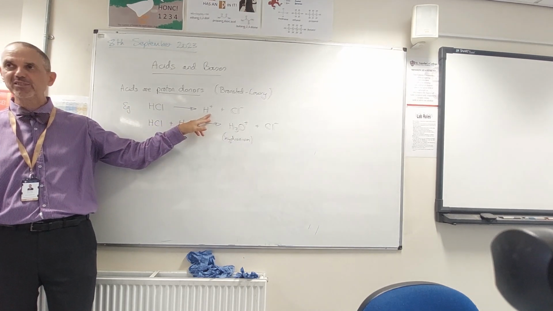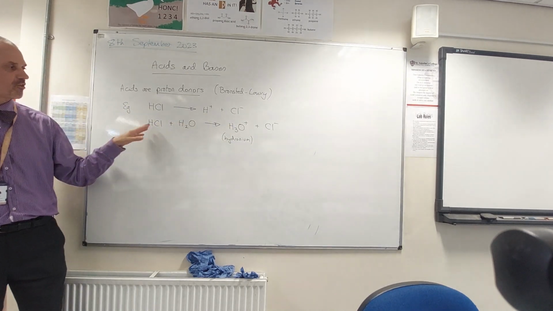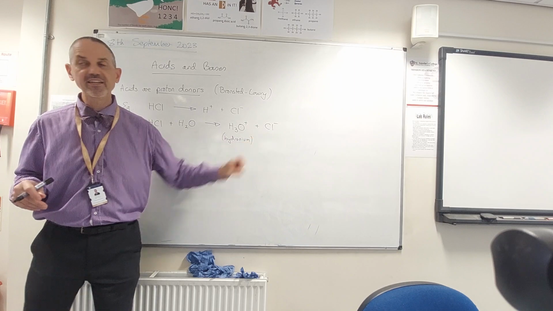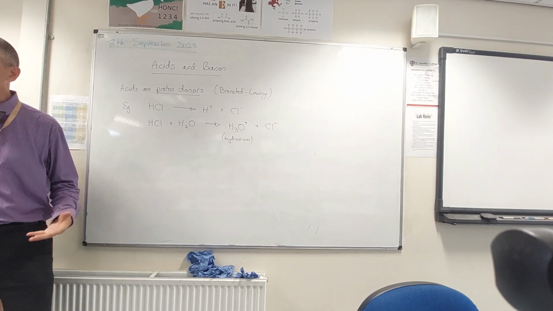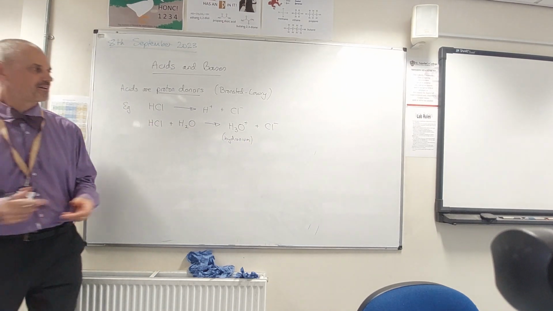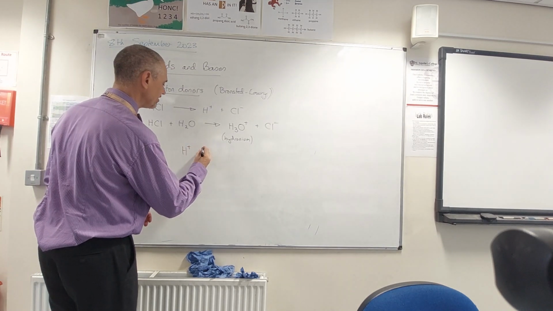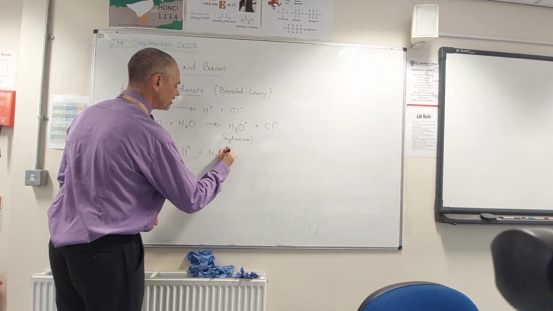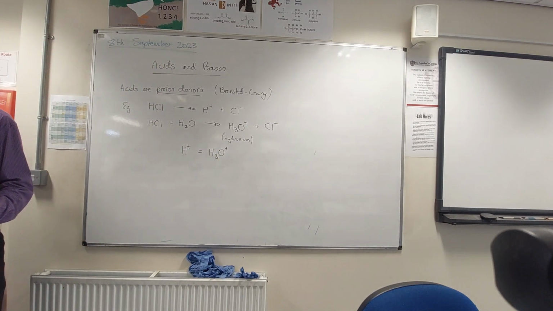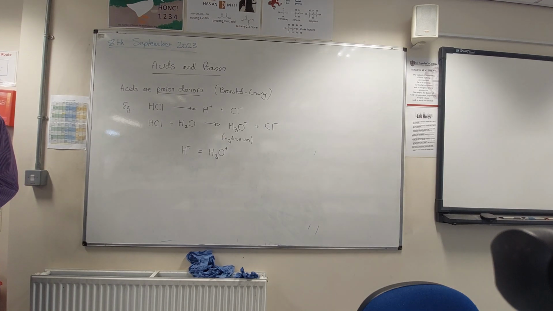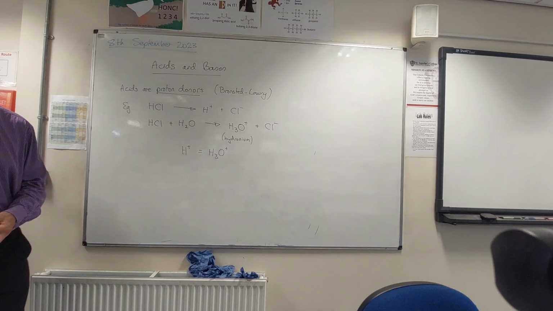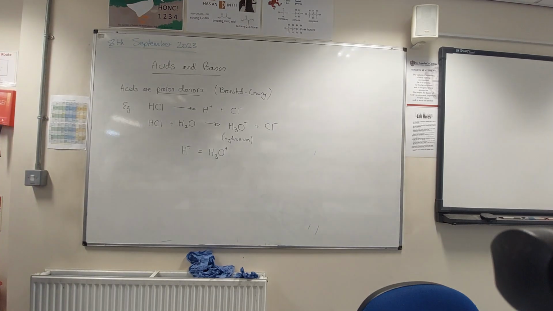HCl gives away its proton and leaves a chloride behind, or HCl forms a hydronium ion and a chloride. As far as I'm concerned, they're the same. And we're going to handle H plus and H3O plus as if they're the same thing. Does that make sense? Okay.